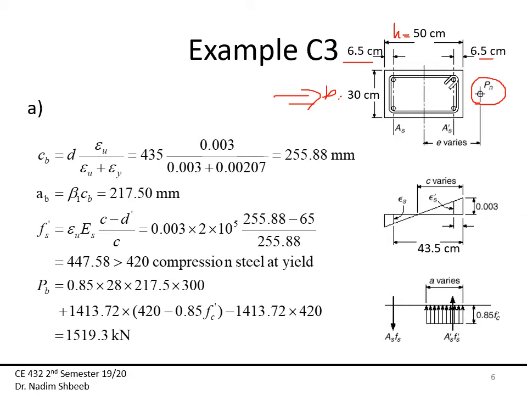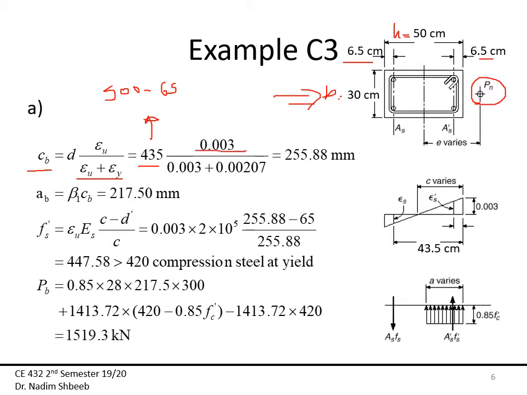So first of all, I need to calculate my neutral axis for the balance condition, which is again the same technique that we used for flexure, and this is going to be D times epsilon ultimate divided by epsilon ultimate plus epsilon y, the yield strain of steel. D is 435, which is simply 500 minus 65.